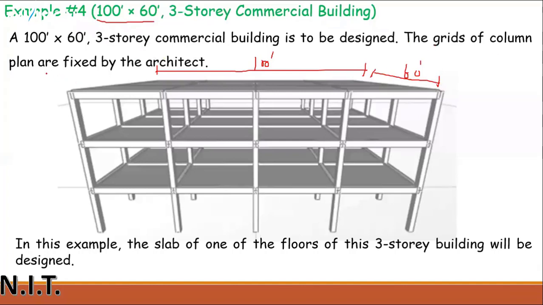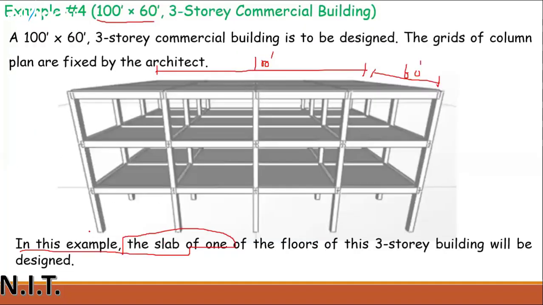The grids of the column plane are fixed by the architect. But remember that in this example, we will only try to solve the slab of only 1 floor of this 3-story building, so that you can understand all the method. The teaching of this example is for understanding your project.